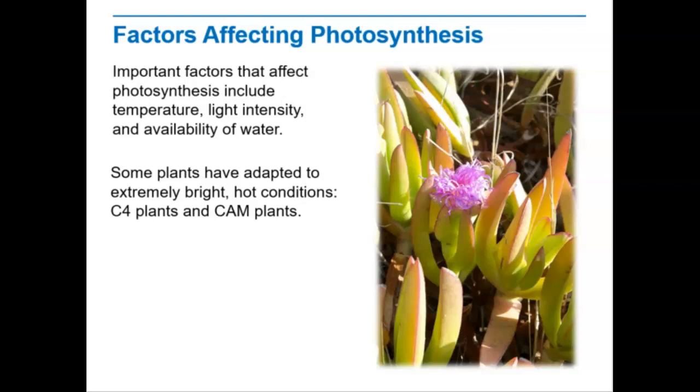CAM plants, CAM refers to Crassulacean acid metabolism. This is a specific family of plants, and they are able to admit air into their leaves only at night. In the cool night, carbon dioxide is combined with existing molecules to produce organic acids, which trap the carbon in the leaves.